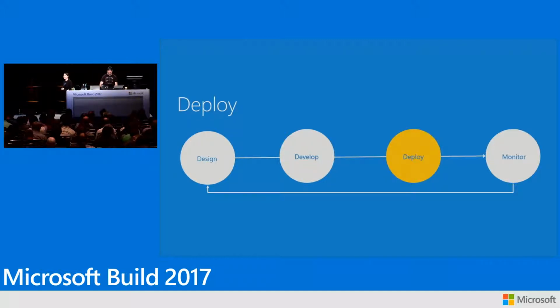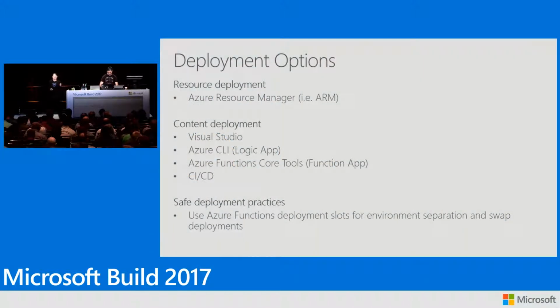So now we can also talk about the deployment aspect. When we talk about deployment, we're talking about a few different topics, so let's explore them. The first one is resource deployment. In Azure, function apps, logic apps are represented as resources. So a great, consistent, and automatable way to deploy resources is by using the Azure Resource Manager, or ARM.